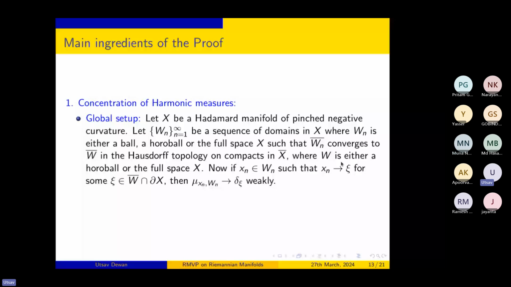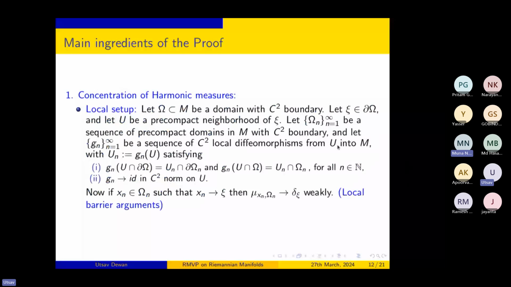Okay, so the key difference between this result, the global setup, and the previous local setup is that in the previous setup, we are only assuming that we are perturbing the domains locally near xi. Outside that fixed neighborhood, we don't care what is happening. And that local deformation was C2.